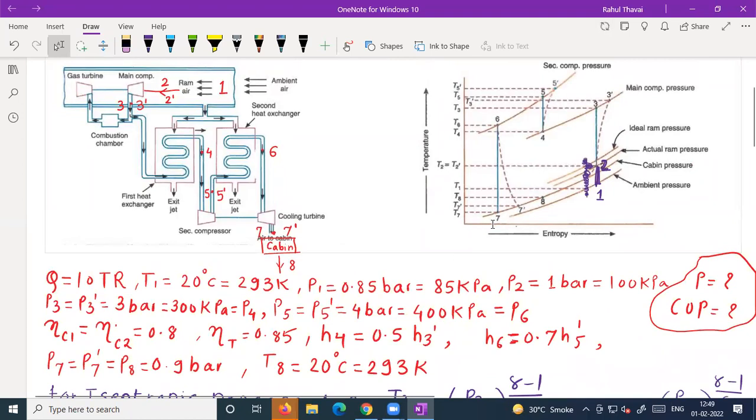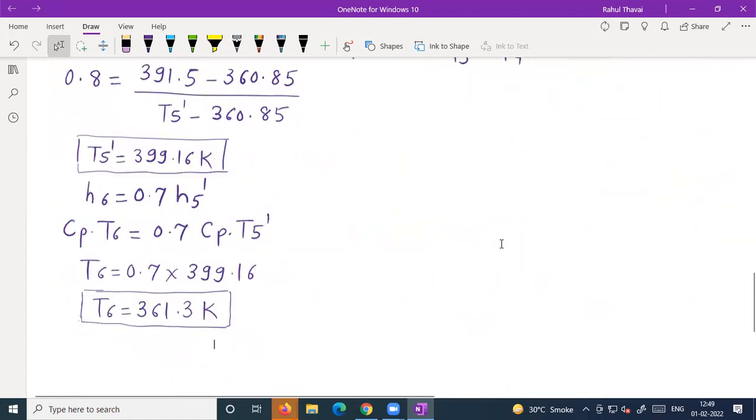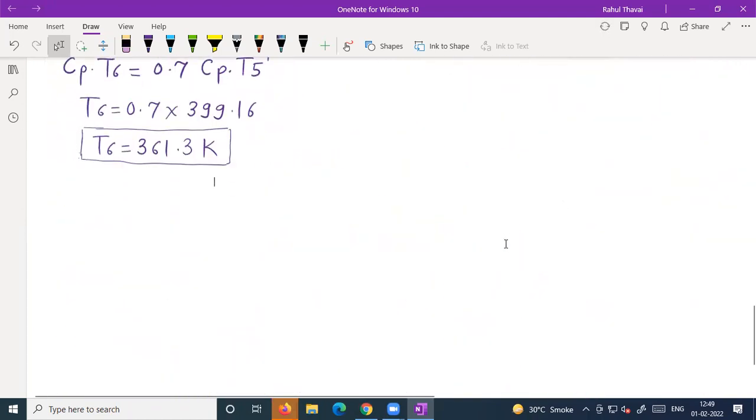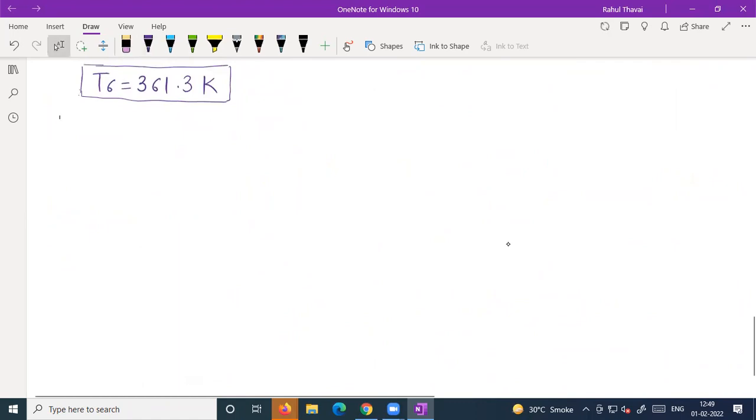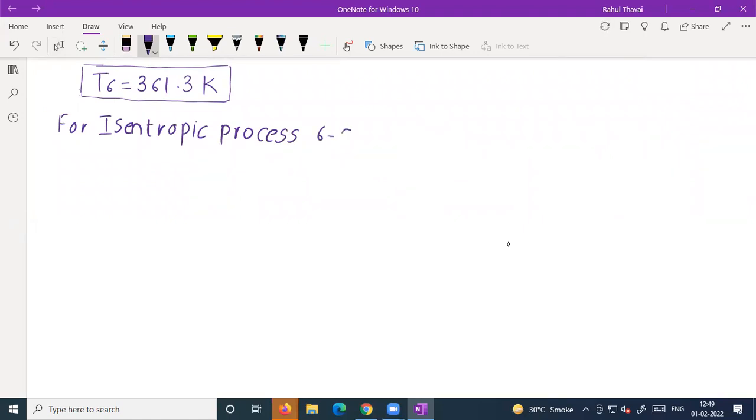So for the isentropic process 6 to 7, T7 by T6 is given by P7 by P6 raised to power gamma minus 1 by gamma.